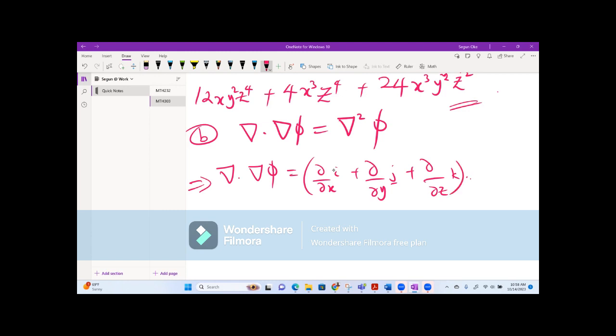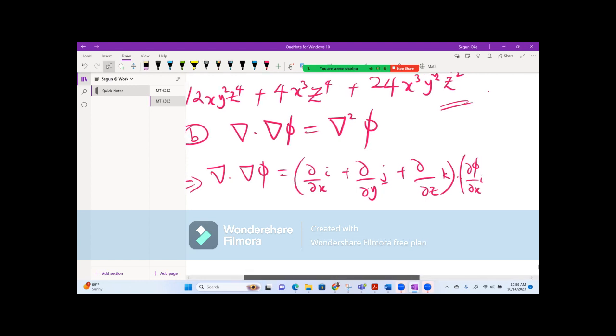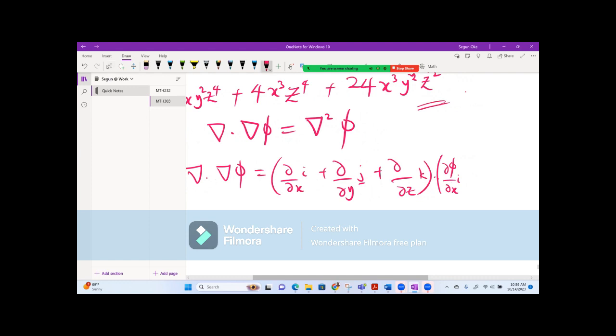dotted with d phi dx i plus d phi dy j plus d phi dz k. So it simply means component by component the same way.